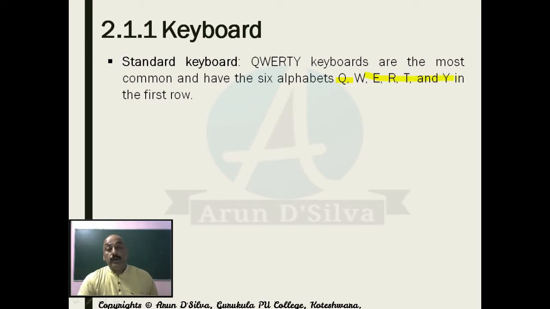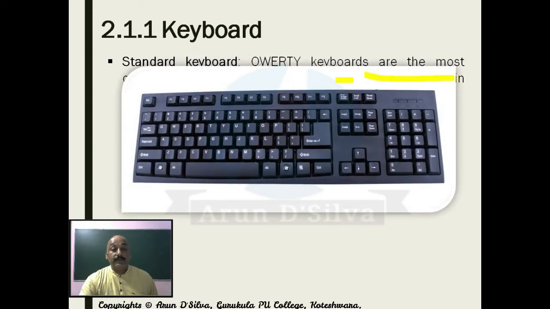Then U, I, O, P, like that it goes. Similarly, the second line has A, S, D, F, G, H, J, K, L. The typewriter keys are organized in this way, so the name itself comes, QWERTY keyboard. So this is called a standard keyboard, which looks like this.